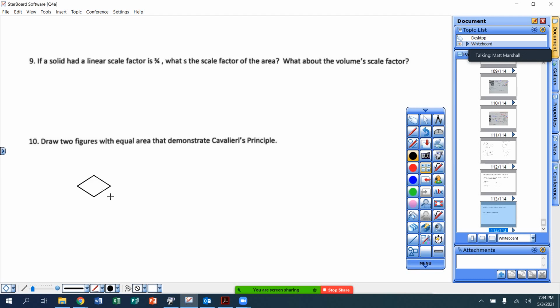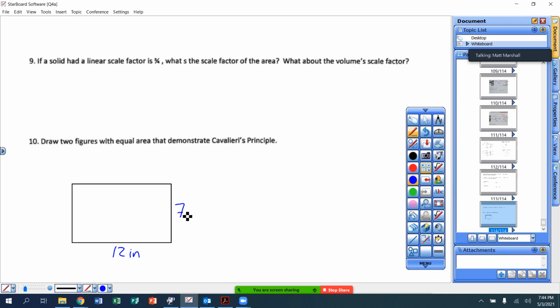It's if you have a rectangle versus pretty much a parallelogram. So here's a rectangle, right? Mm-hmm. So that rectangle has a base, like we'll say maybe it's 12 inches, and then has a height like 7 inches. And remember, your vertical height always has to be that right angle from the base, right?